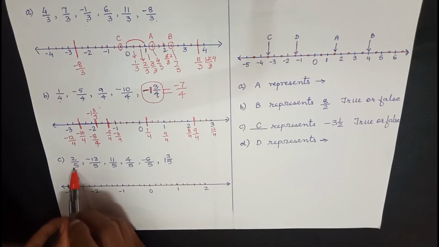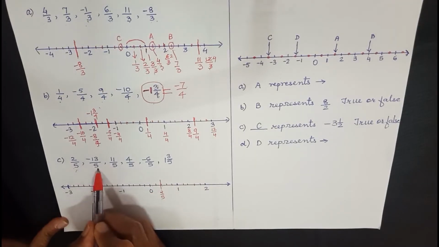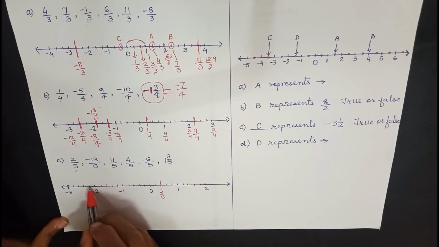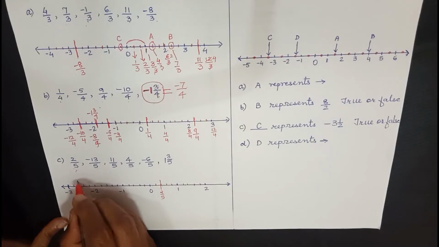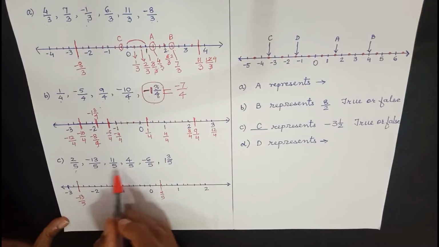So let's start now. 2 upon 5. So you know 1 and 2. So this becomes 2 upon 5. Minus 13 upon 5. 1 on the left hand side. So 1, 2, 3, 4, 5, 6, 7, 8, 9, 10, 11, 12 and 13th point will be minus 13 upon 5. 11 upon 5.